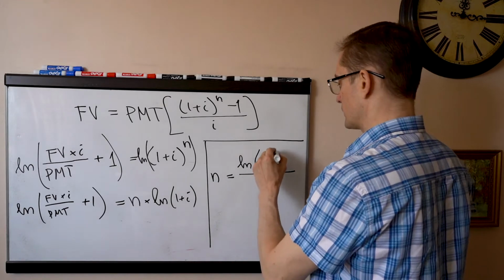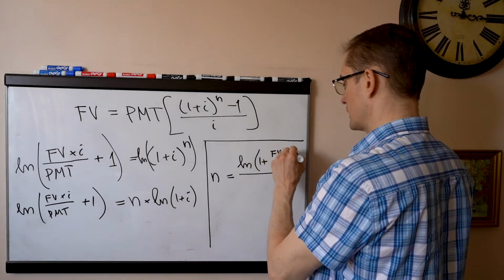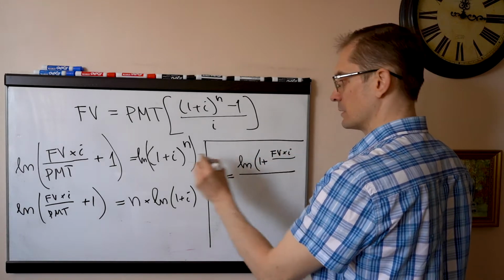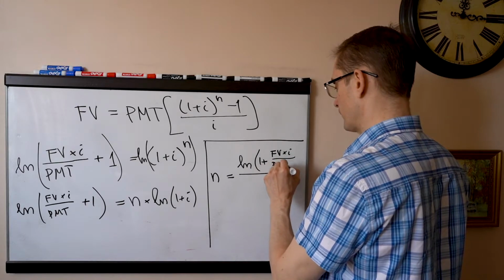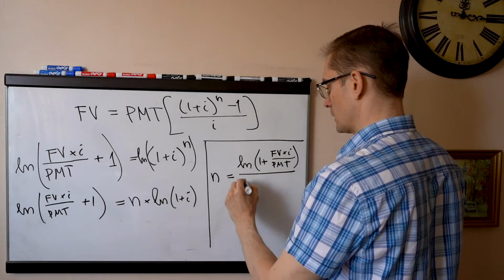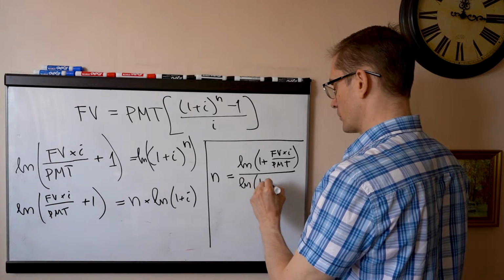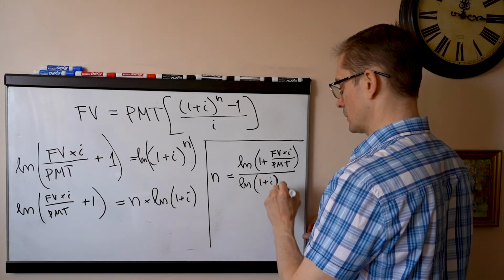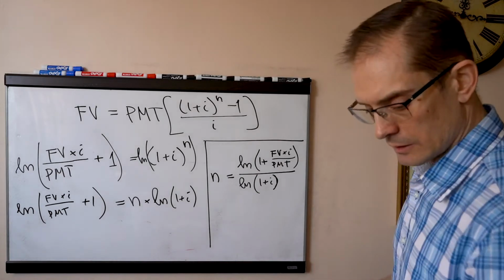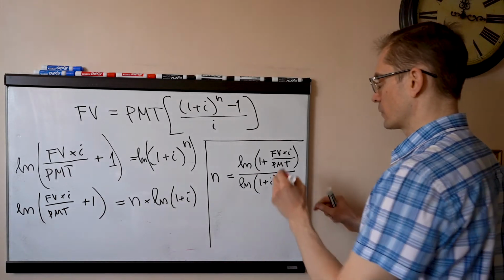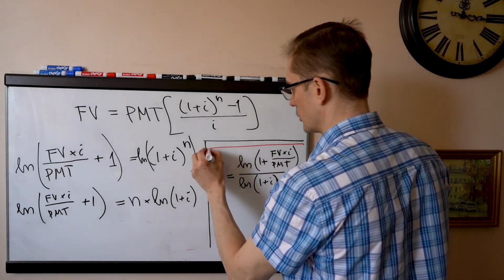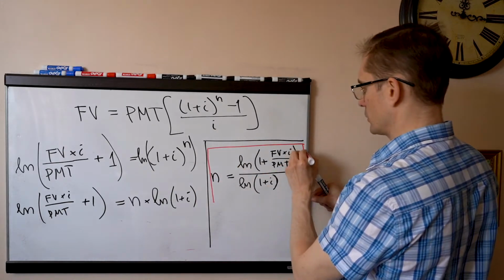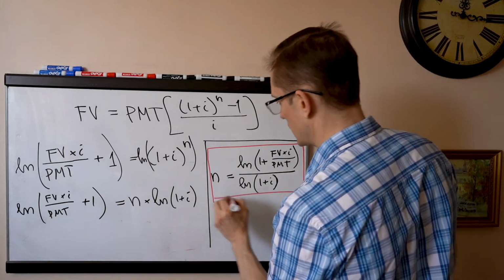So plus future value times i divided by PMT, and divided by the logarithm of 1 plus i. So that's the important formula for finding n when you have the future value of an annuity.